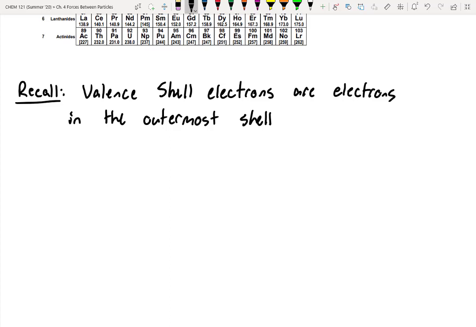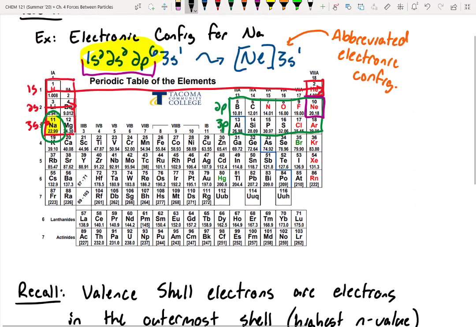Another way of thinking about this is that they have the highest n value. And if you remember, the shell number we said is the number that goes in front of the orbital. So for example, up here, we have 3. That's the shell value for this one, right? So 3 is going to be the highest shell in this electronic configuration.